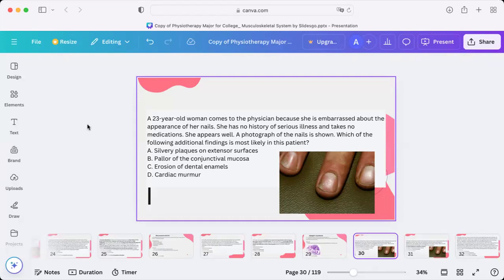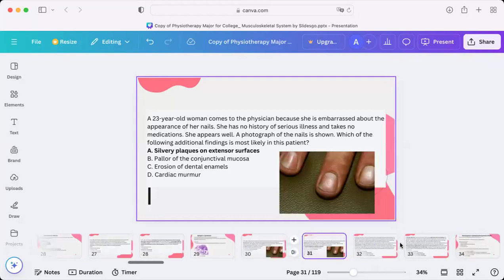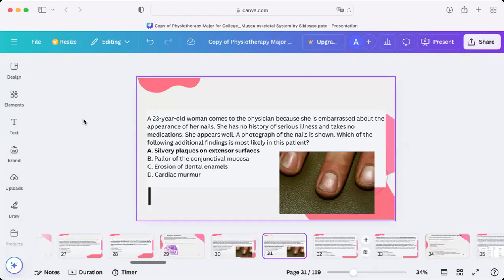Good job. I see you guys are answering A. A is the correct answer. Good job. Can you guys tell me why it's not B?